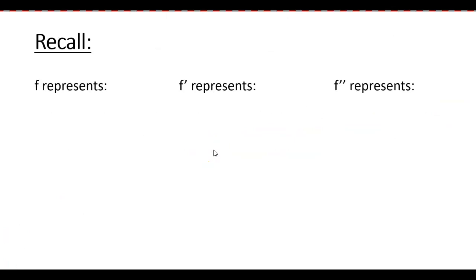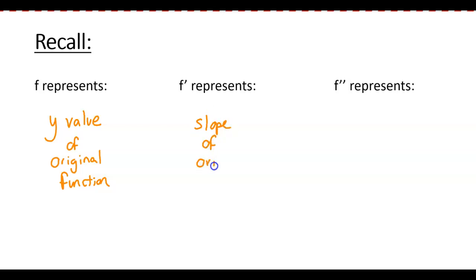So I've already kind of talked about this with you guys already, but if you want to add it to your notes now would be a good time. F represents a y value of your original function. F prime represents the slope of your original function.